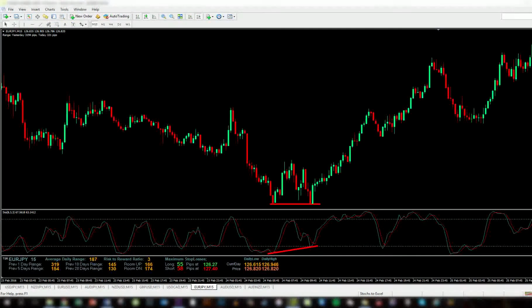Similarly, if you are able to find a double bottom such as here, look for higher lows in the stochastics. This shows slowing momentum and hence is actually a good place to enter into the market if you're going long. Although these setups tend to be quite hard to find, when you are able to find them, they tend to be very rewarding, as you can actually see in the charts here.